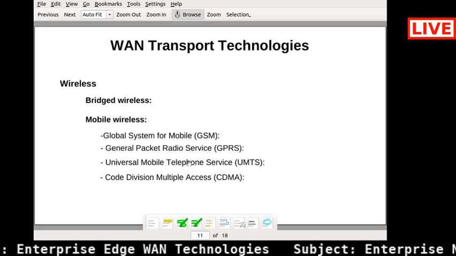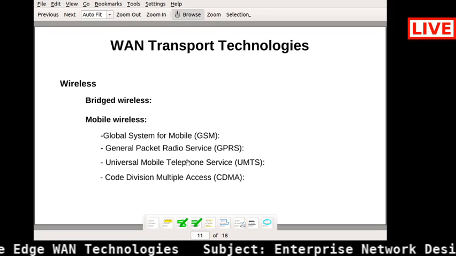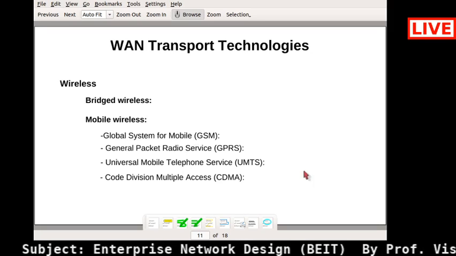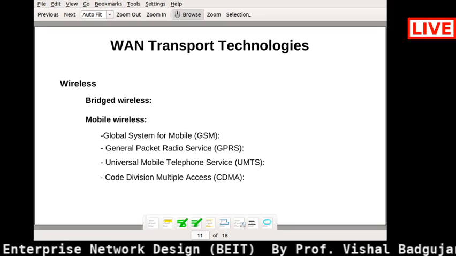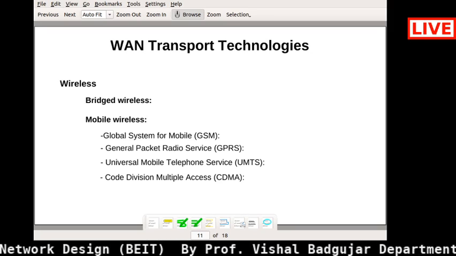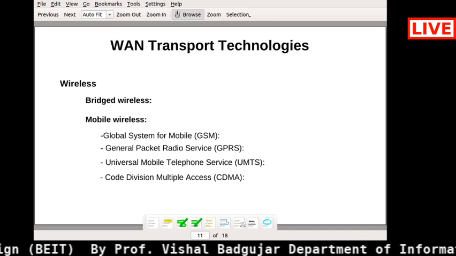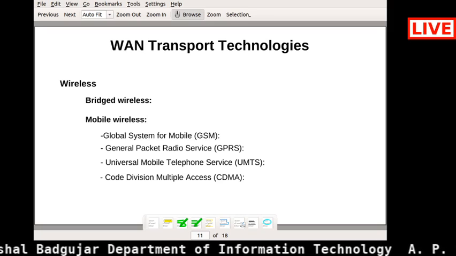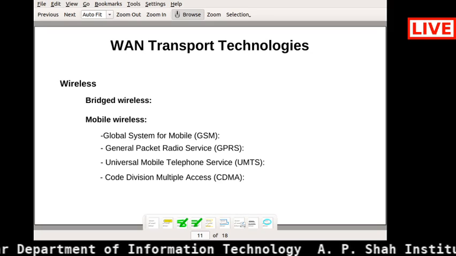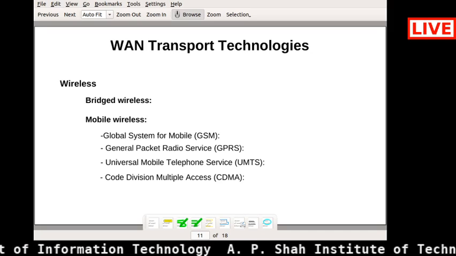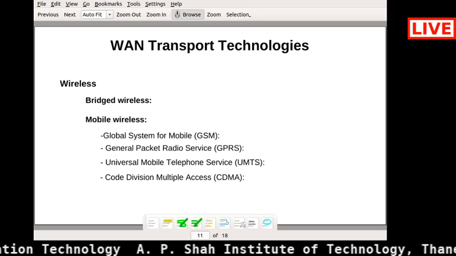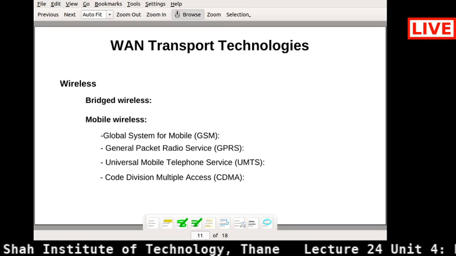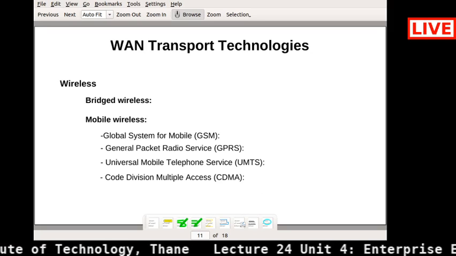Then the third one is Universal Mobile Telephone Services.